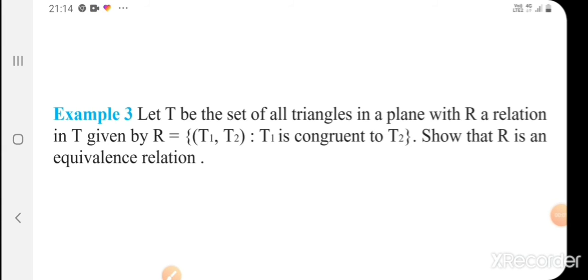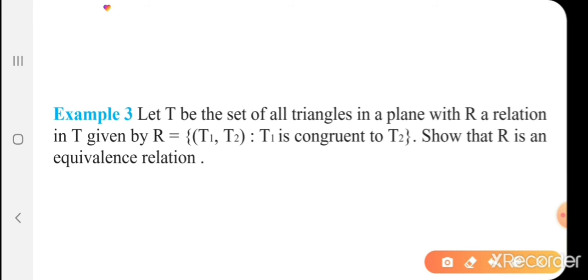Now consider example 3 of your NCERT book. Let T be the set of all triangles in a plane. If you draw any type of triangle in the plane, that is a set T. Now take R as a relation in T, given that T1 is congruent to T2, then T1 and T2 are related.